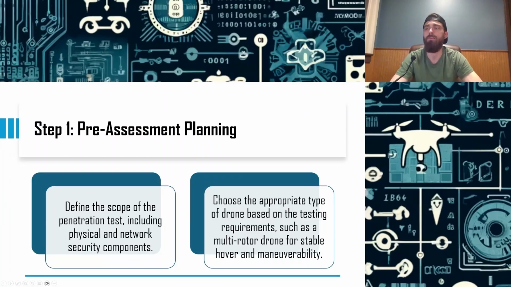This is where we're going to define the scope. We're going to figure out what it is that we're looking for, what we're hoping to accomplish, all of that stuff. We need to have that all bulleted out and listed, so stakeholders and higher-ups understand what it is that we're doing and what we're trying to accomplish.